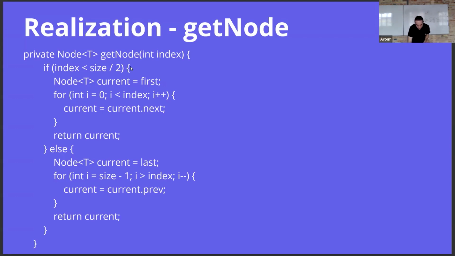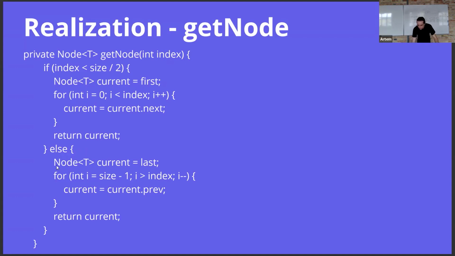We can use our algorithm to do this. Our index is 2, right? Is our index less than half of the size? No. It's equal to half of the size, so we go to the else block here.